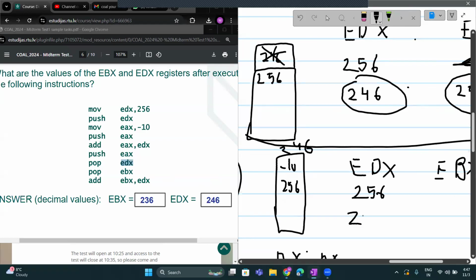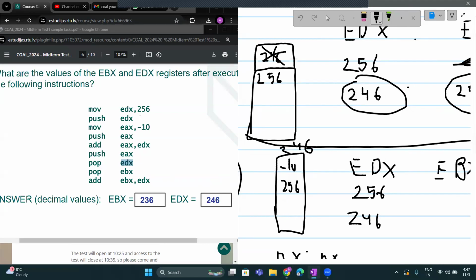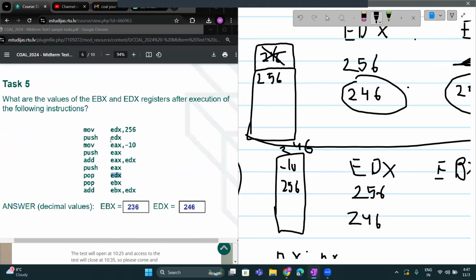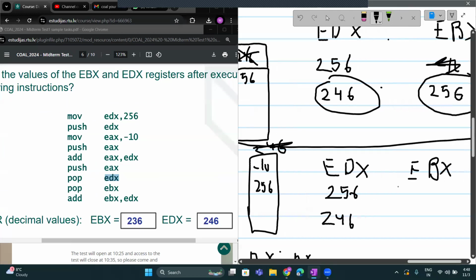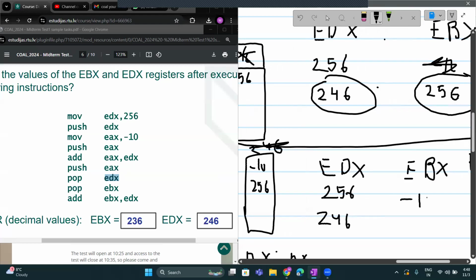So EDX will get 246 and then EBX will get the second item on the stack, which is -10.